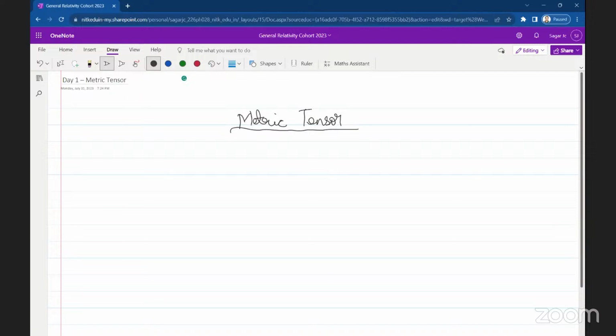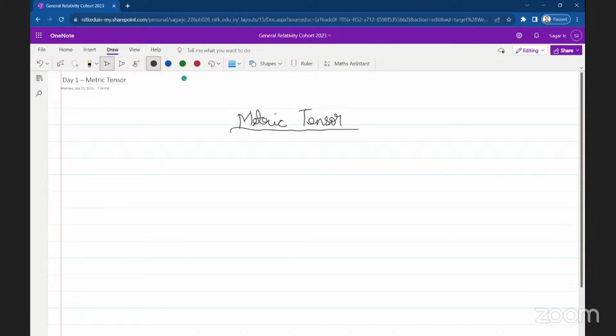Once you get the metric tensor, you can find all the other properties of that particular curved space. That is the reason the metric tensor is so important; it represents how coordinate axes are dependent on each other. To arrive at the metric tensor, I'll go through a few logical reasonings.